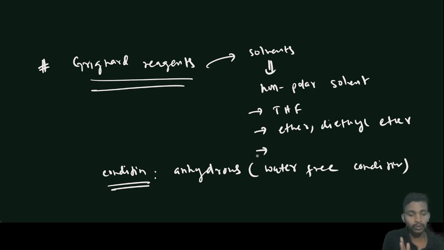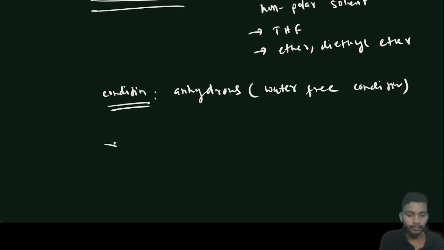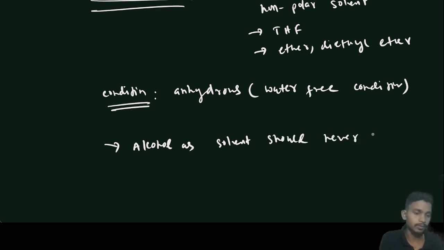Okay, so the solvent should not have acidic property, meaning alcohol should not be there. Alcohol as a solvent should never be used, because it has acidic protons, and this Grignard reagent is a strong base, so it will attack that acidic proton and do some reactions. Meaning the solvent which we use itself reacts with the reagent.